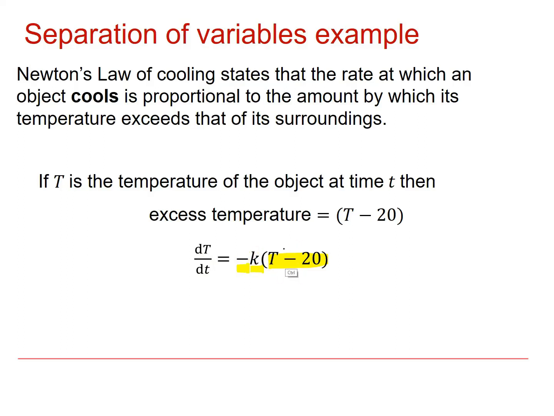The additional information was that initially, so that's t equals 0, it starts out at a temperature of 80, and it cools at a rate of minus 5, and that's degrees C per minute.